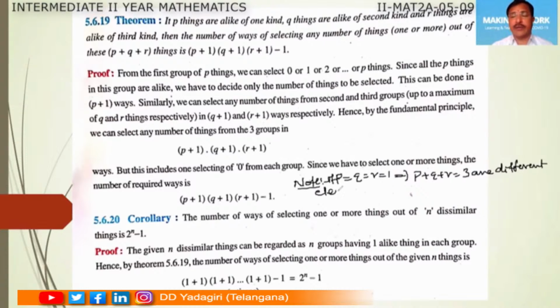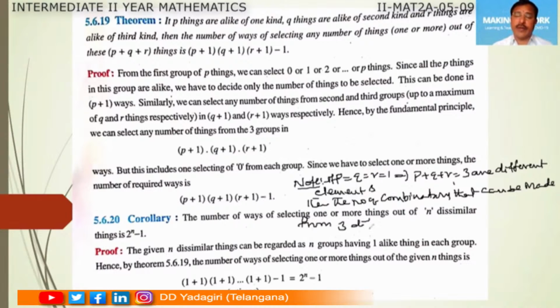Then the number of combinations that can be made from three different elements.